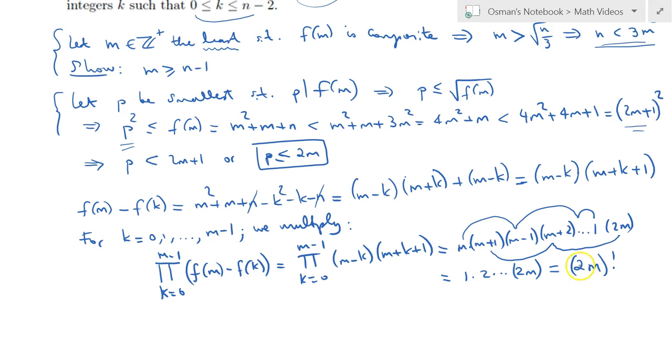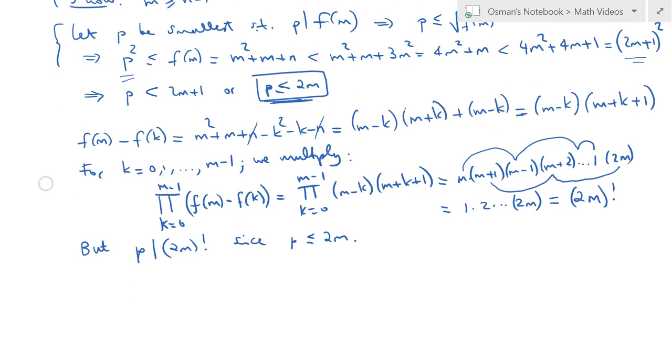We know that 2m factorial is definitely divisible by p, right? Because it contains p itself. So let's write that down. p divides 2m factorial, since p is less than or equal to 2m, first of all. What it implies next is that p will surely divide one of these expressions, not all of them.